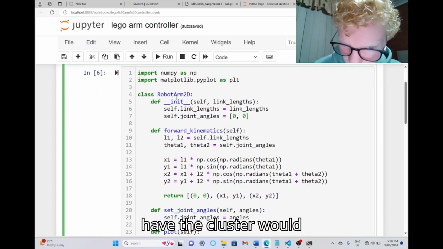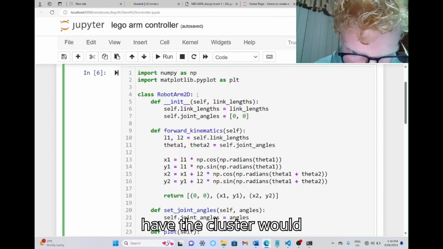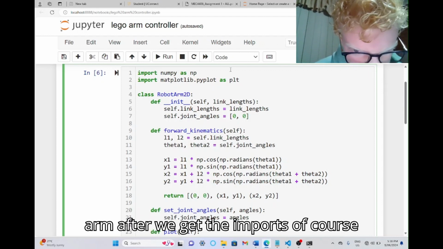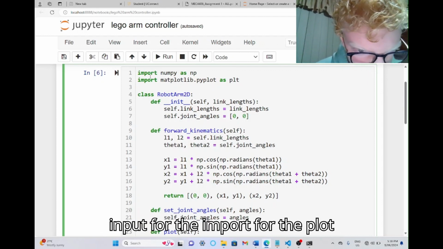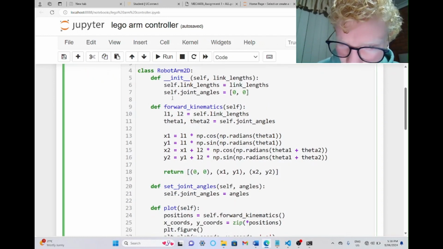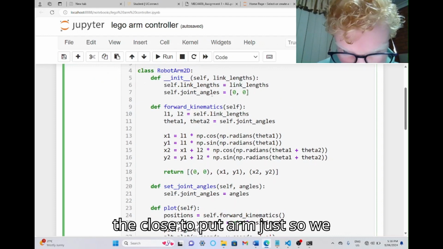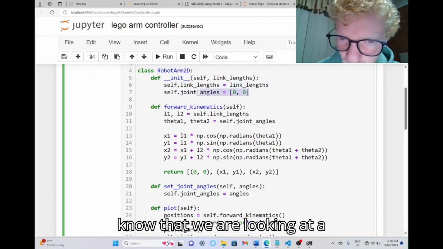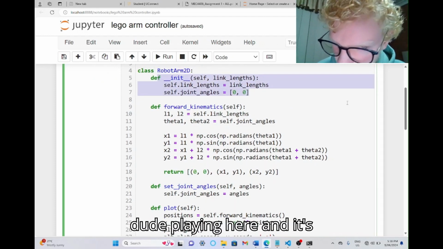So we have the class robot arm 2D. After we get the imports, of course, import for the plot and import for numpy, we have the class robot arm 2D, just so we know that we are looking at a 2D plane here.